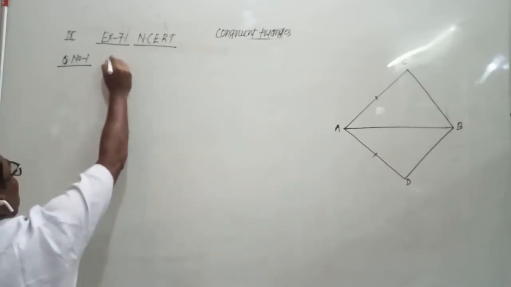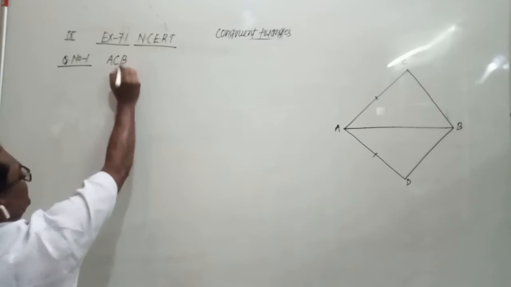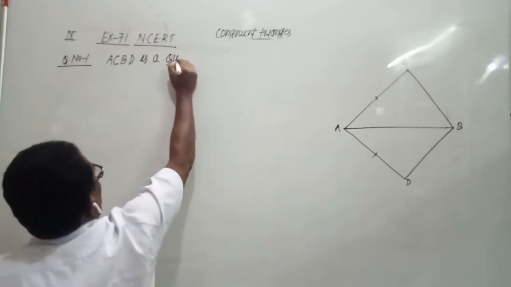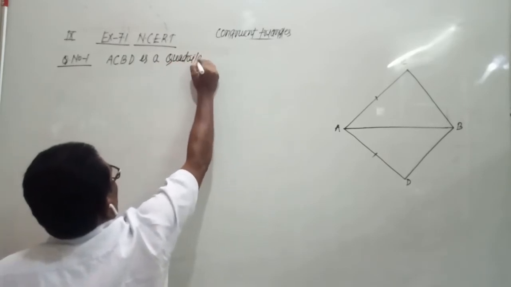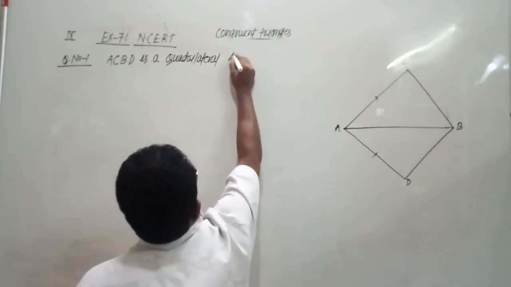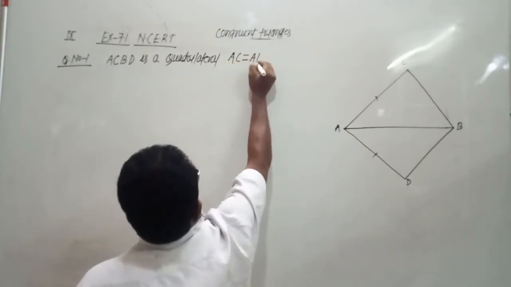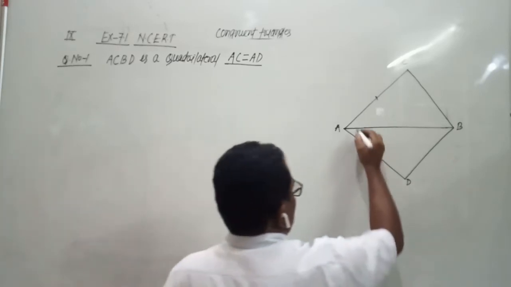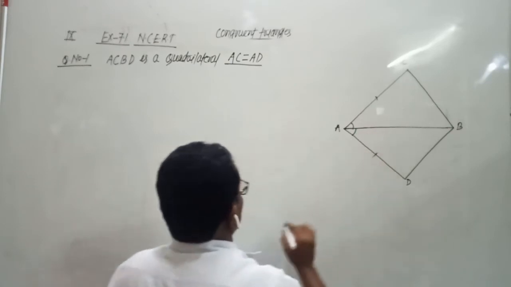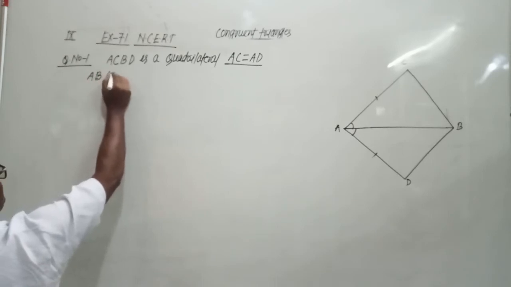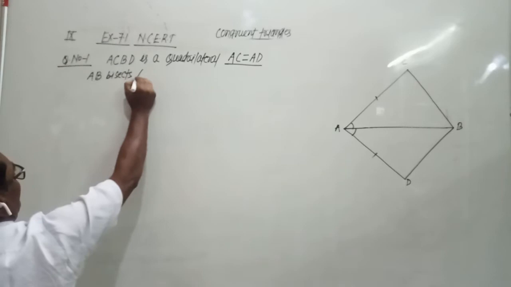We are given that ACBD is a quadrilateral in which side AC equals AD and AB bisects angle A, which means this angle is equal to this angle. AB bisects angle A.